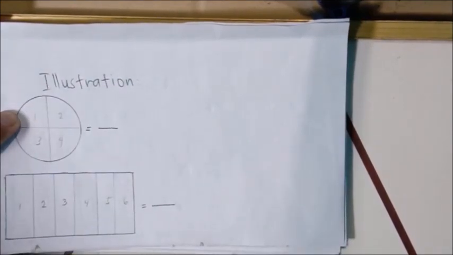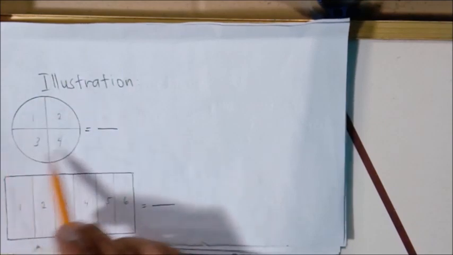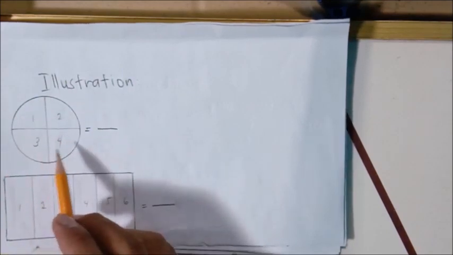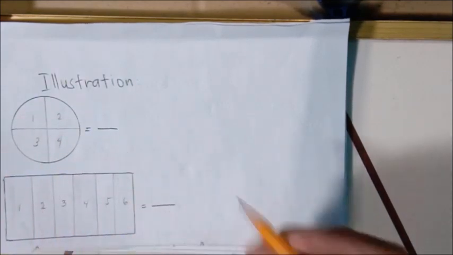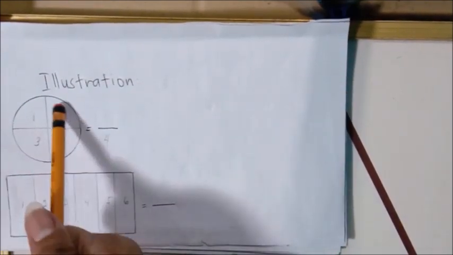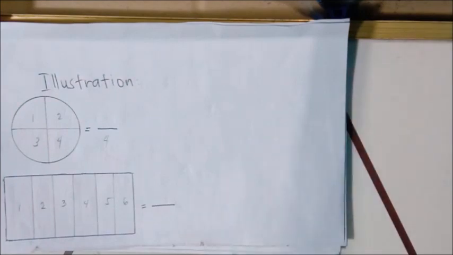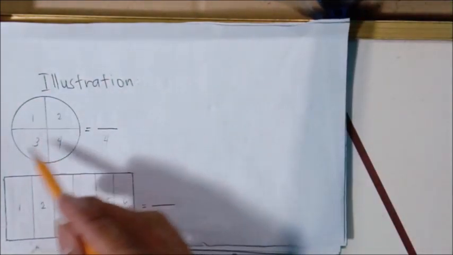Next, another example. I have a circle I divided into 4, and a rectangle I divided into 6. For the illustration in the circle, the denominator is 4. Why 4? Because the whole is divided into 4 parts: 1, 2, 3, 4.